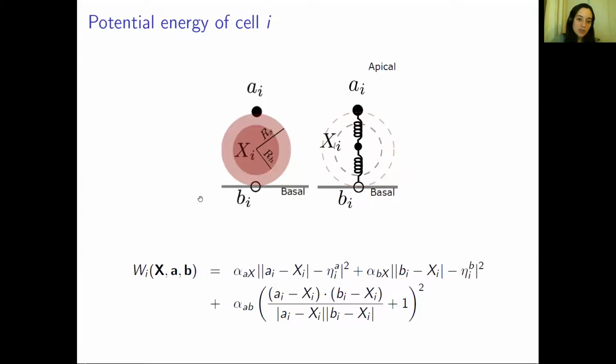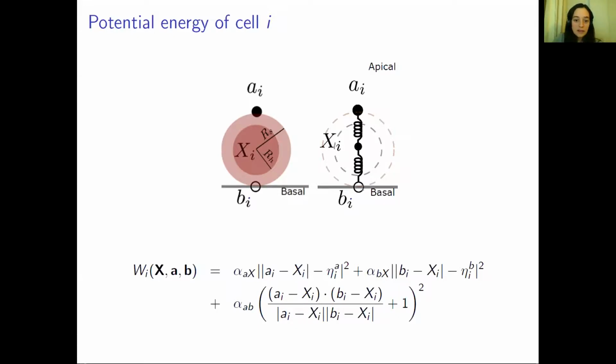The model that we consider for a cell is given by a nucleus that is the most rigid part of the cell, and a basal point and an apical point that are connected to the nucleus through springs. The nucleus has an inner part that is a hard core, and an outer part that is a soft core, and this gives flexibility to the system and models the deformation of nuclei.